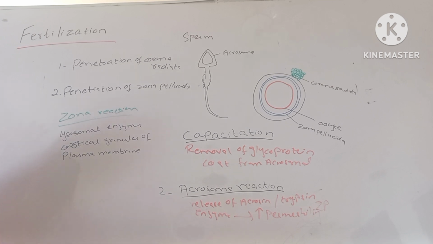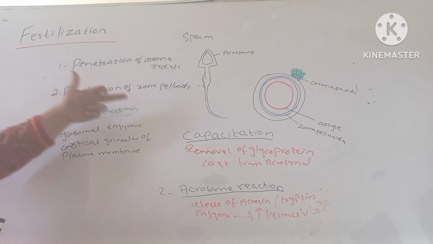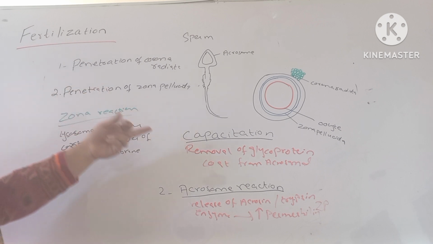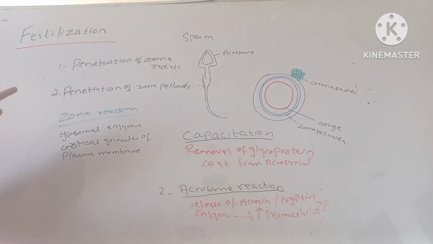So we have discussed two steps of fertilization up till now: the penetration of the corona radiata, which occurs after capacitation, then the penetration of the zona pellucida, which occurs after the acrosomal reaction, and after that the zona reaction occurs. Now what is the third step?